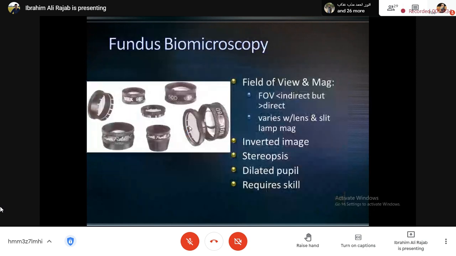The field of view and magnification is variable according to the lens and slit lamp magnification. It gives us also an inverted image like the indirect ophthalmoscopy, and we will feel the sense of depth because we examine the fundus by our both eyes, and we need also more skills, and we need a dilated pupil, also the same as indirect ophthalmoscopy.